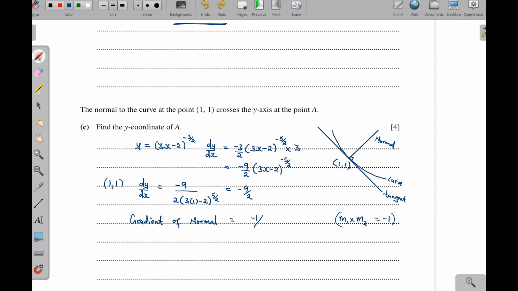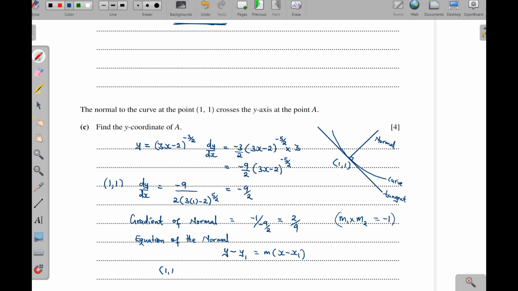So the gradient of the tangent, we got it as negative 9 over 2, and this one will be 2 over 9. So we shall have y minus, now I'm finding the equation of the normal. So using y minus y1 equals m into x minus x1.